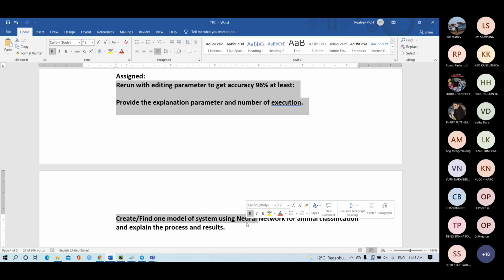After that, create or find the model of system using neural network for animal classification and explain the process and result.